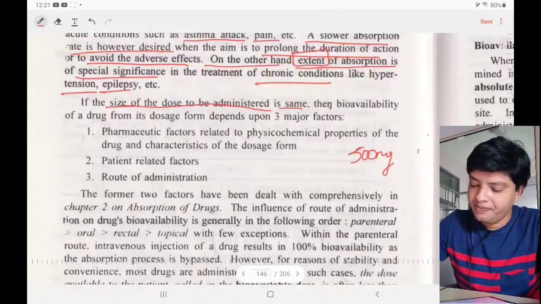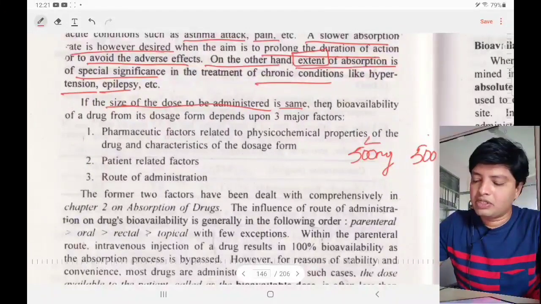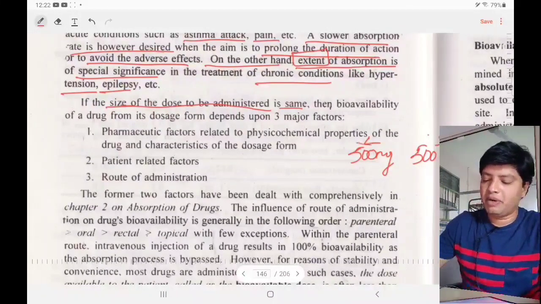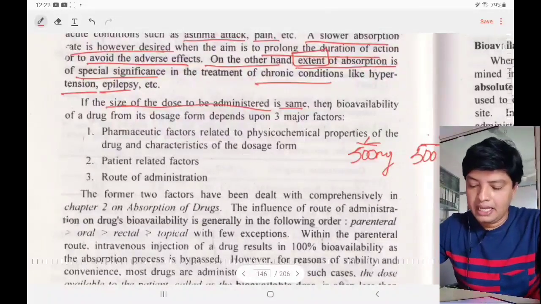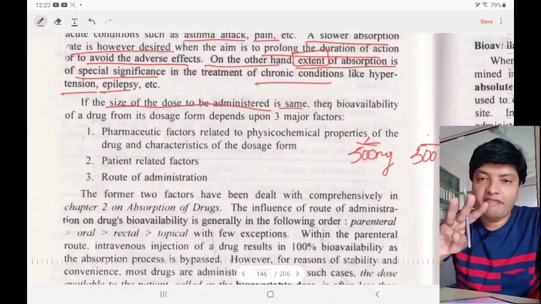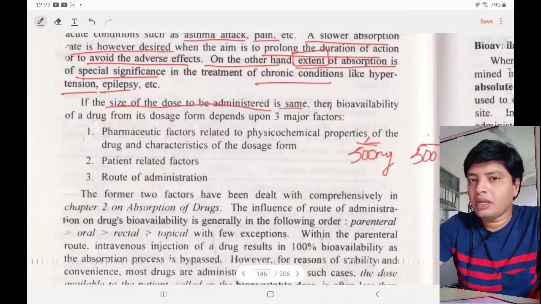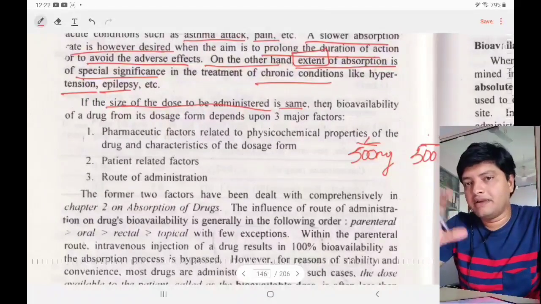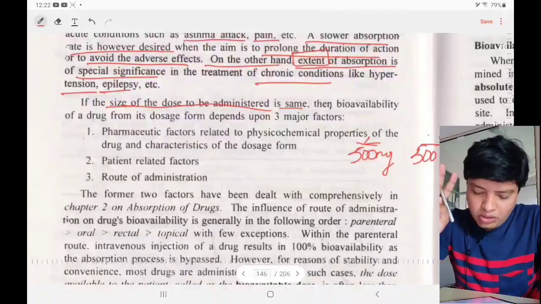What he is saying is, if the size of the administered dose is the same, let's say I am taking a liquid dosage form and a solid dosage form, but the dose is the same, 500 mg, then the bioavailability depends on 3 factors. What are those 3 factors?